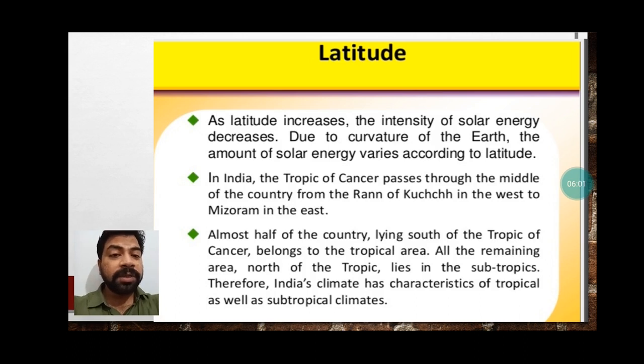So this is the role of the latitude, which allows regions to receive direct rays or slanting rays. India receives both types of climate, tropical as well as subtropical. Downward of the 23.5 degree, the southern part of India has tropical climate. When we talk about the northern side of the Tropic of Cancer, it is subtropical.